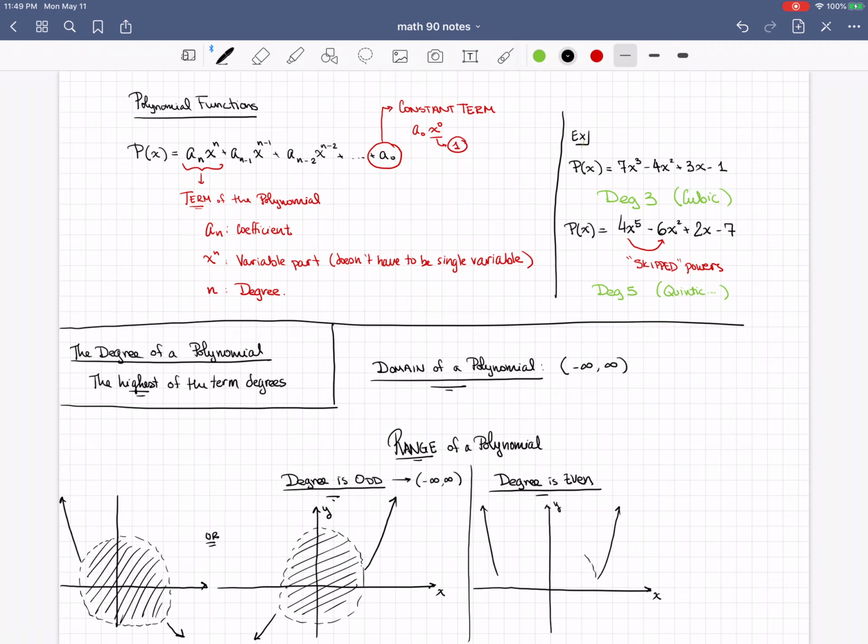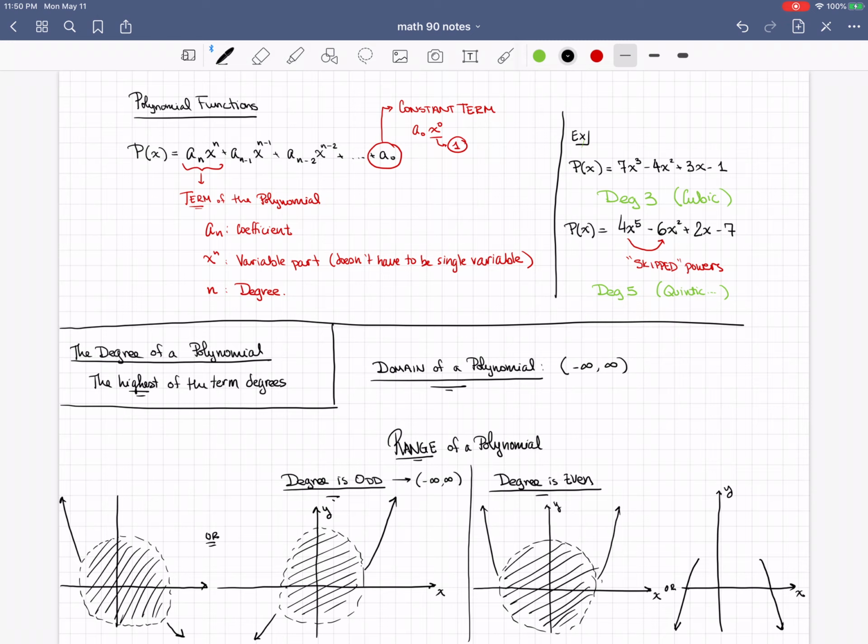And again, what happens between these two branches depends on the particulars: how many times it crosses the x-axis, whether it crosses it or bounces off it, where it crosses the y-axis. All of those things are totally determined by the particulars. But I know that eventually it'll go up to positive infinity on both sides, or it'll go down to negative infinity on both sides.